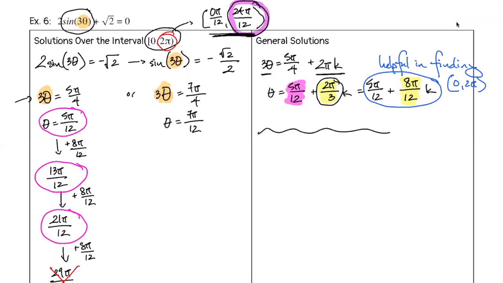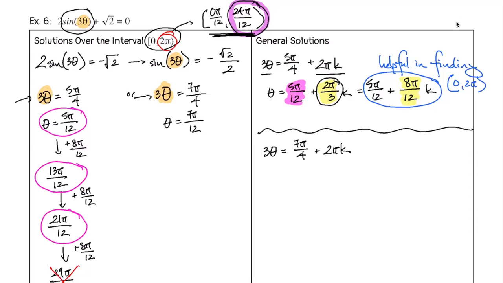So if you didn't get it the first time we went through it, let's clear our minds a little bit and try this again, okay? So the second solution I'm looking at is 3 theta equals 7 pi over 4 plus 2 pi k, right? But I don't want 3 theta, I want 1 theta.